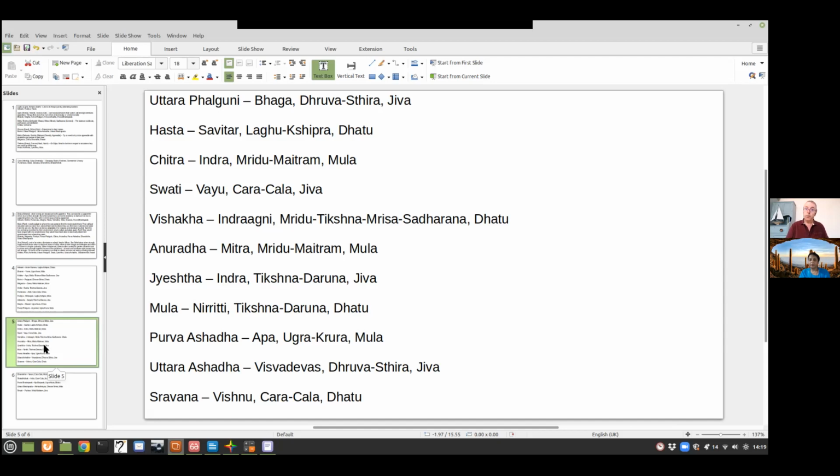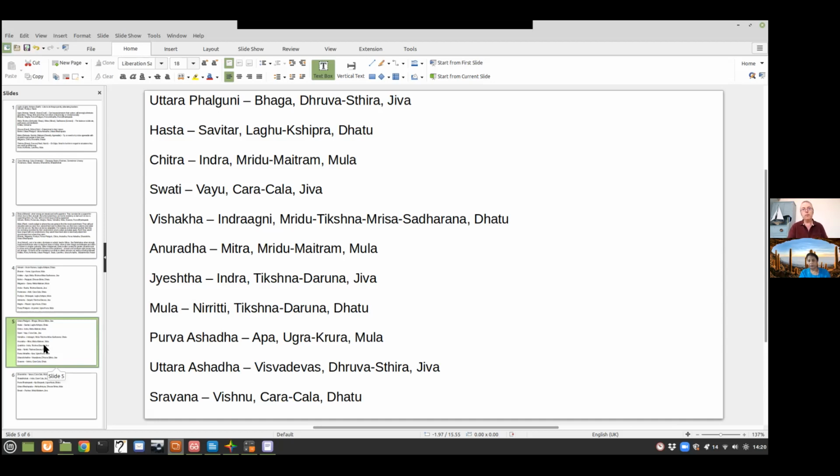Swati is connected to Vayu, the deity of the wind, and it's a moving and unsteady, or Chara and Chala nakshatra, and it's of the animal kingdom. Vishaka is connected to Indragni, which is Indra and Agni put together.